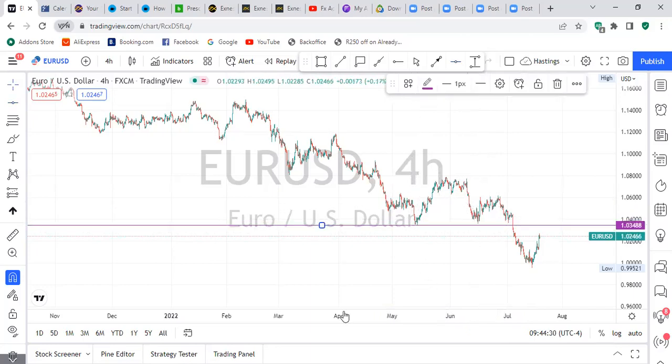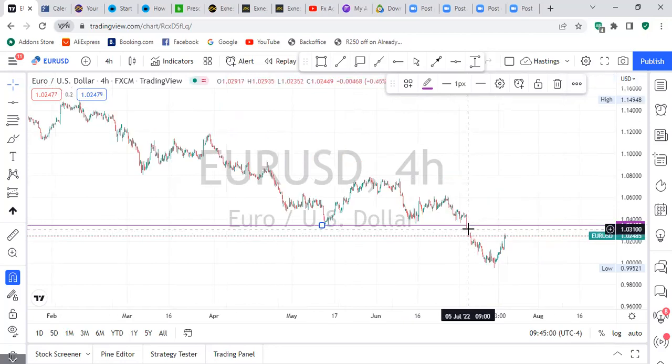This is my support. The price was here and it came down here and it bounced back. Same as here. The price is coming from the top. The bears were in control and it was supported here. And it went up again and it supported here and it went up and it broke here.